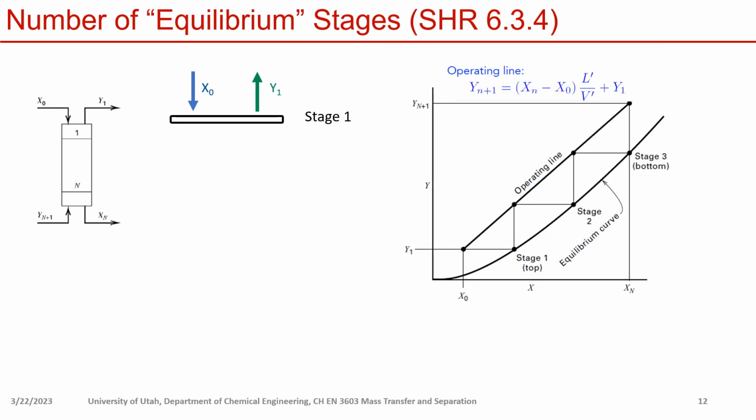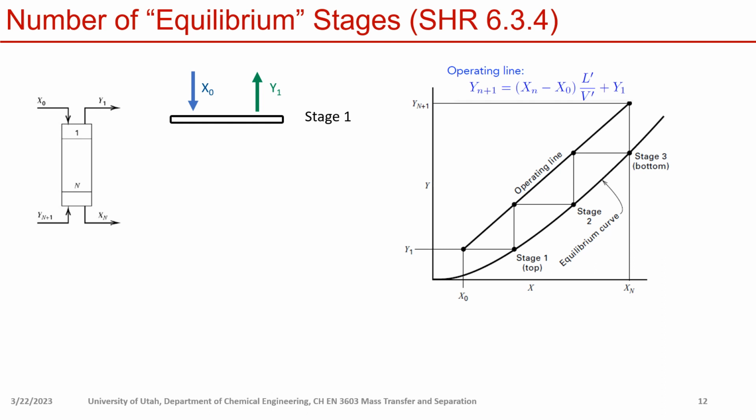Okay. Now, in the derivation in the last slide, basically we know for a given absorption task, we know the feed composition, we know the desired separation outcome y1, and we know the gas flow rate, that's our feed flow rate.